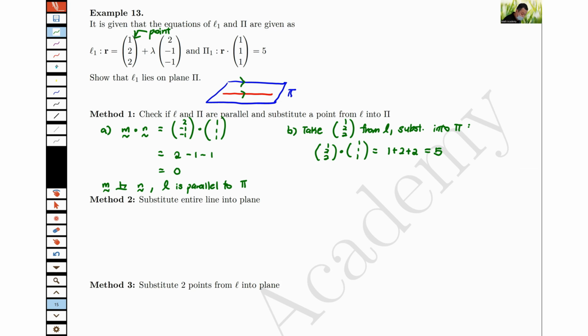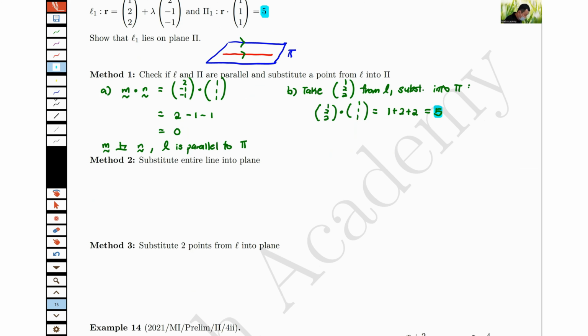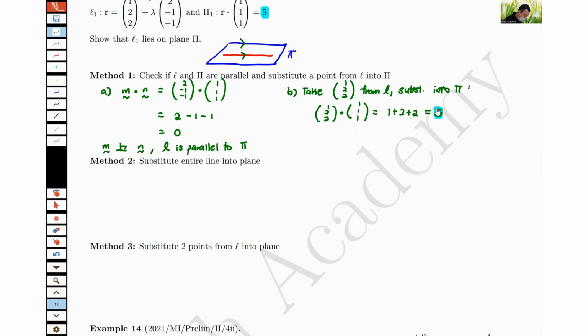Importantly, I'm trying to check whether this value matches the one on the right-hand side there as well. Okay, so from this, since it matches, we can conclude 1, 2, 2 lies on pi. And the final conclusion from A and B is I could conclude that L lies on pi, since it is parallel and a point is on the plane.